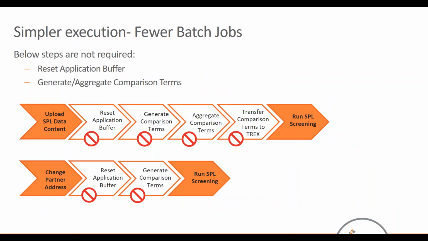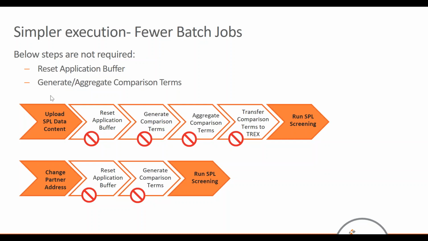As we discussed earlier, the implementation effort for the HANA search algorithm is low, and it has a simplified setup and execution. As you can see, steps which were required in the classic GTS search, like resetting the application buffer or generating the comparison terms or aggregating the comparison terms, will not be required when you execute the SAP HANA search.